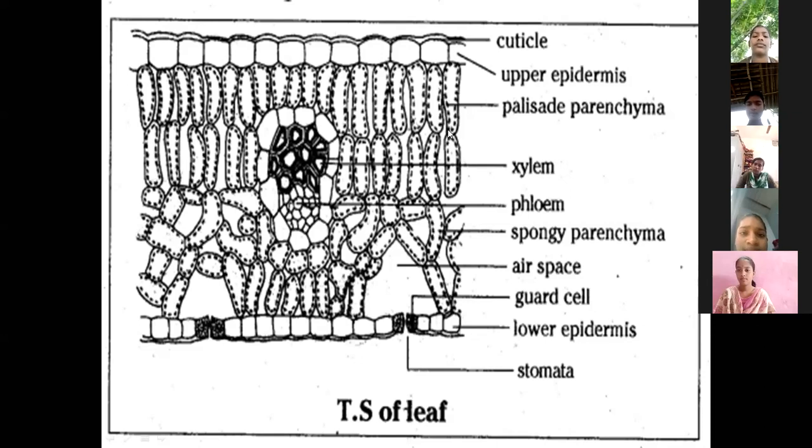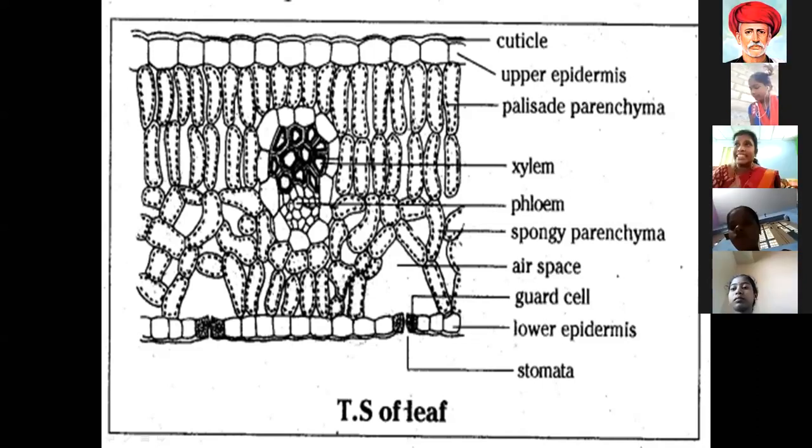Okay. Next part is lower epidermis. The lowest surface. Lower epidermis refers to a single layer of cells on the lower surface of the leaf that contains the stomata and guard cells. The guard cells and stomata help in exchange of gases and transpiration.